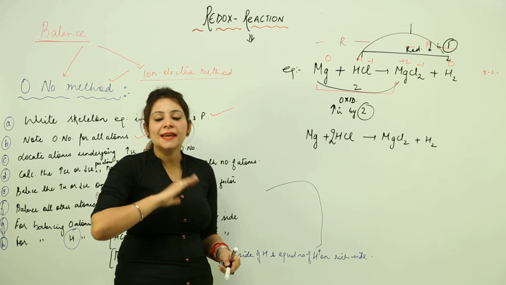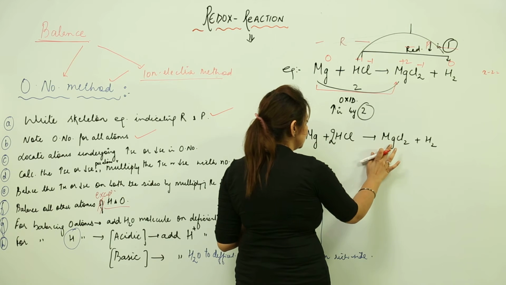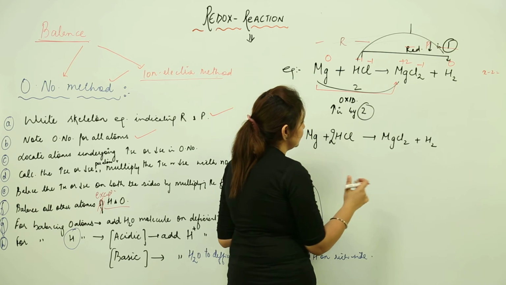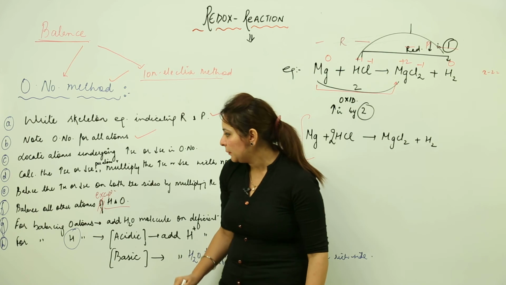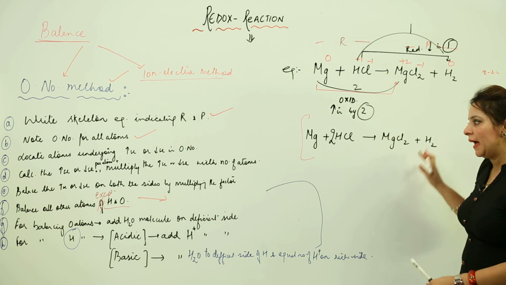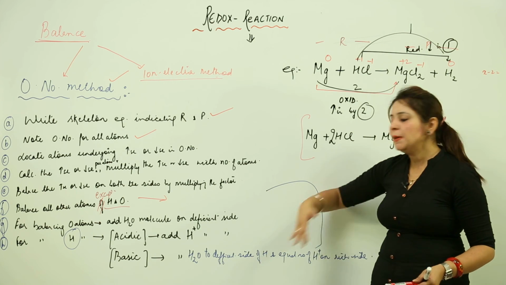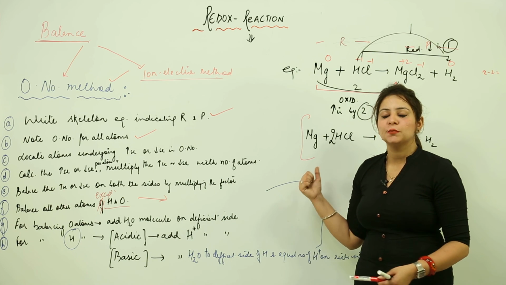Now I am going to balance everything except H and O. My Mg 1 is balanced, Cl 2 and Cl 2 are balanced, and hydrogen 2 and hydrogen 2. It is by chance that my reaction ends at this step, because everything is balanced. Otherwise, if it is not balanced, we need to focus on these things. Now I will be taking up another example which will involve these steps also. So just look at the board carefully.